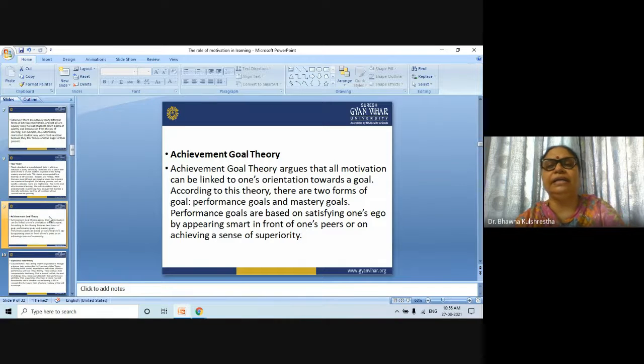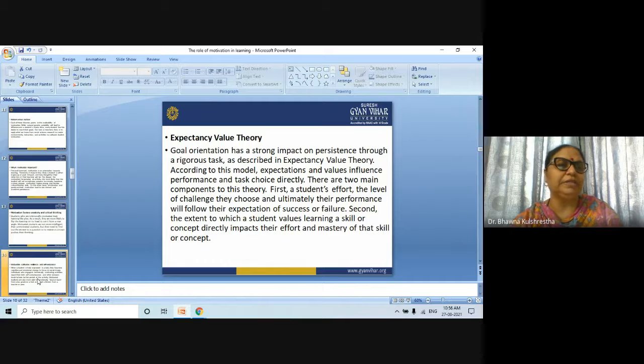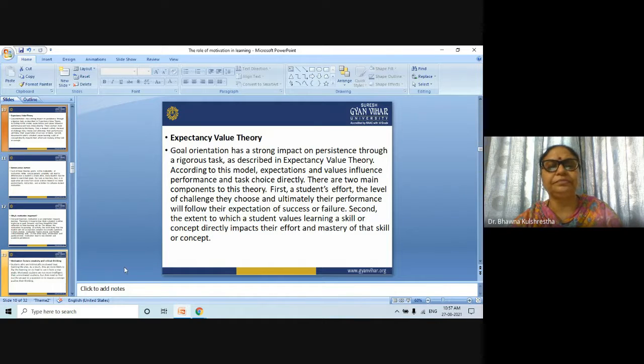And the next theory we see is expectancy value theory. Expectancy value theory holds that goal orientation has a strong impact on persistence through a rigorous task.